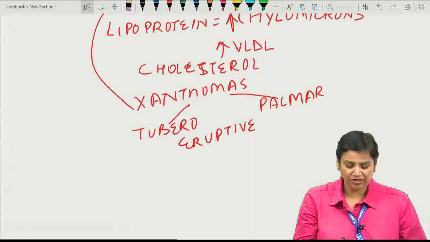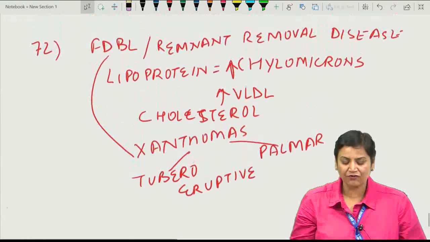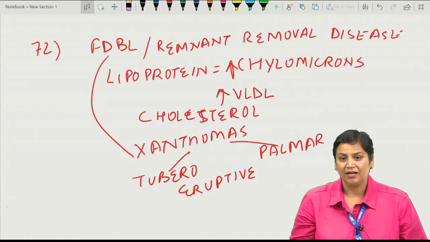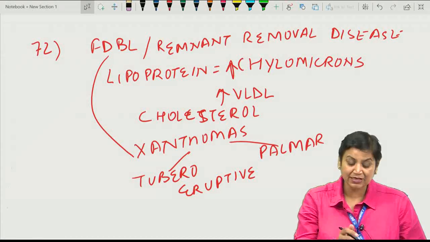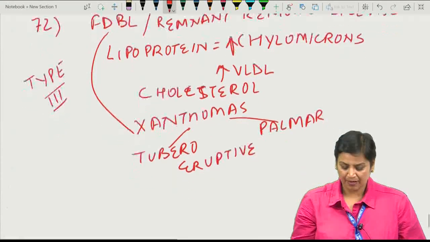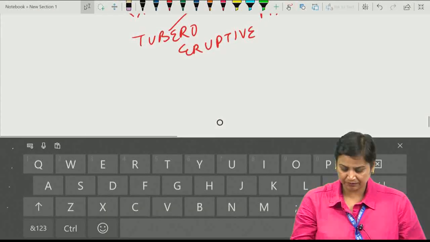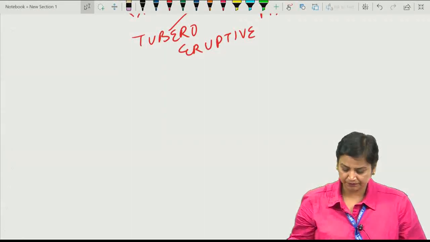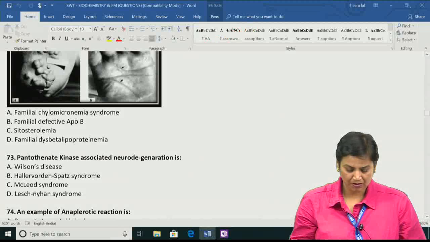So the answer to this question is familial dysbetalipoproteinemia, also known as remnant removal disease, also known as type 3 hyperlipoproteinemia. So the answer is familial dysbetalipoproteinemia, which is D.